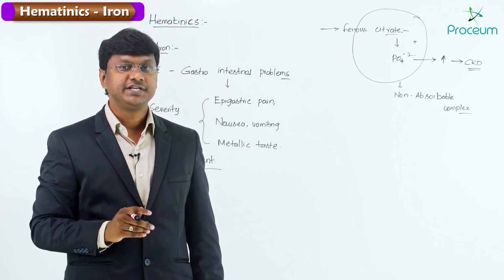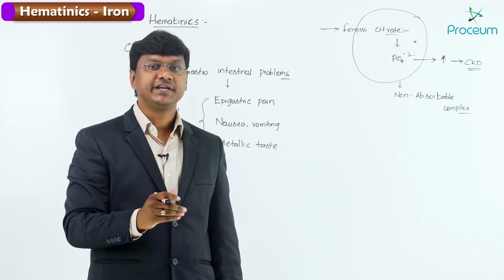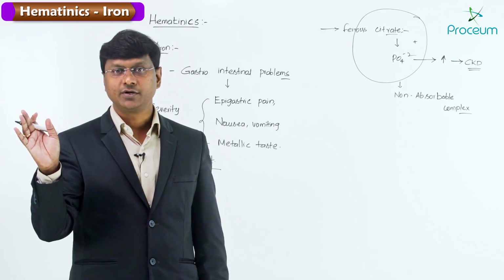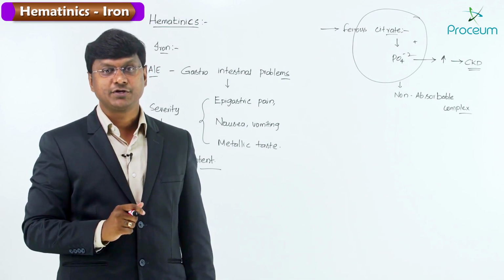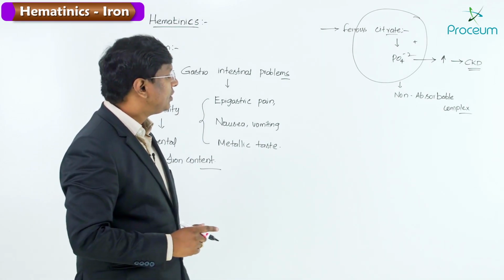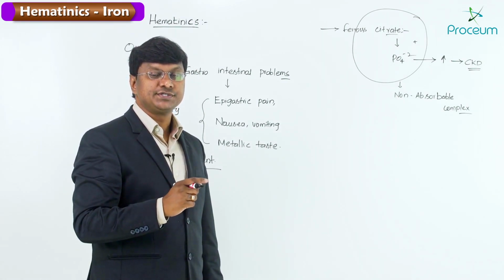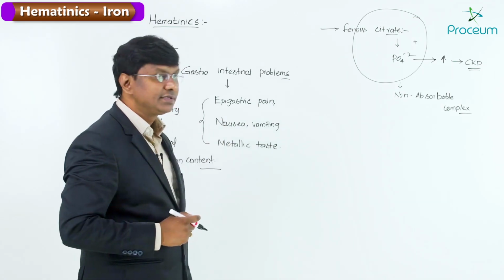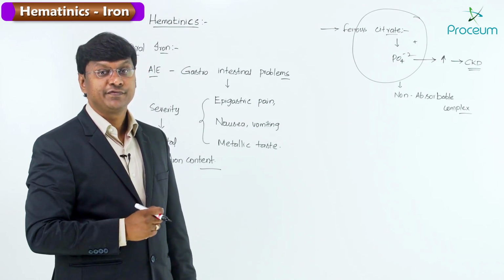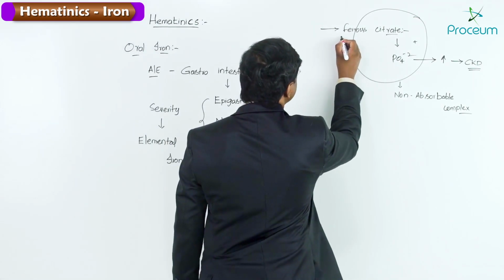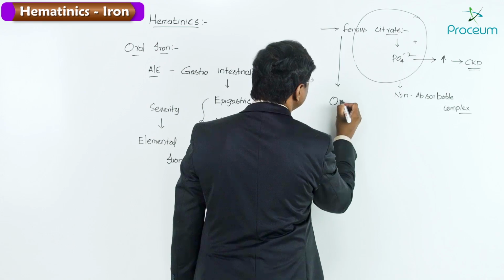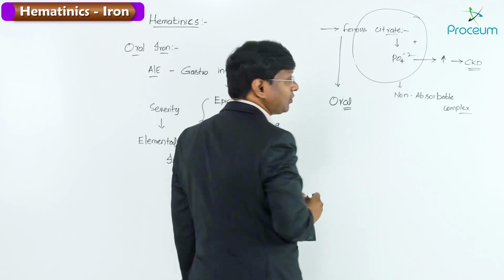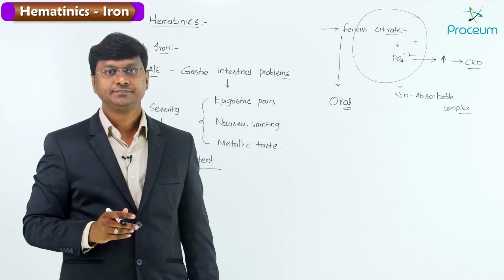Because there is reduced GFR, the phosphate is not excreted out. That will result in hyperphosphatemia. So in chronic kidney disease patients, in order to control the hyperphosphatemia, you can give this formulation, that is ferrous citrate. And this ferrous citrate is also an oral iron formulation.